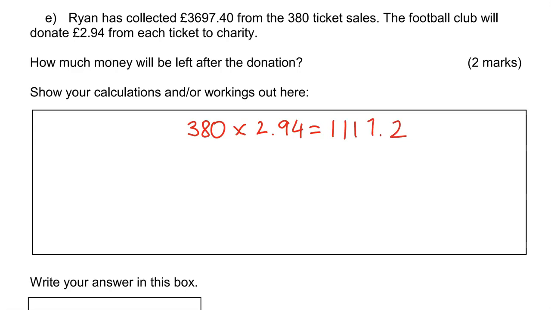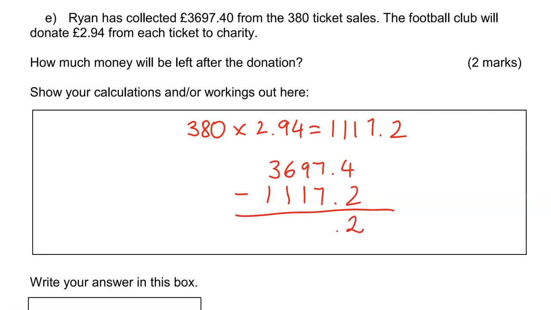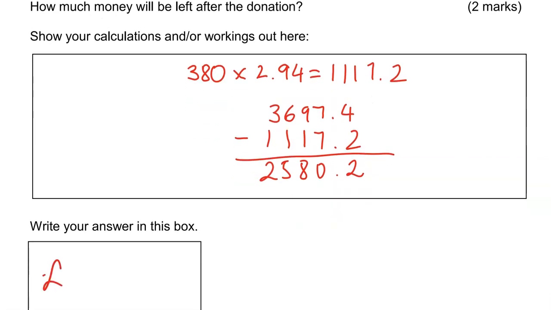So if we take that away from the 3,697.4, that will give us how much there is left. So that gives us £2,580.20.